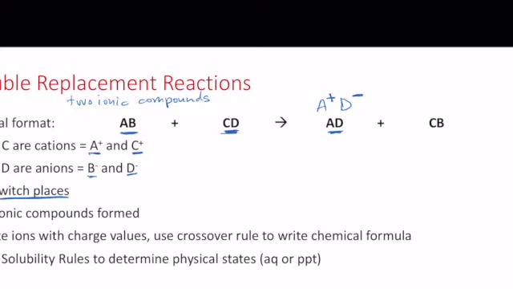Then C also takes a new partner. So C was a positive ion and instead of D, it takes the new partner B, the anion. And so cross over and down to write the chemical formula for the new compound. So you have two new ionic compounds on the product side.